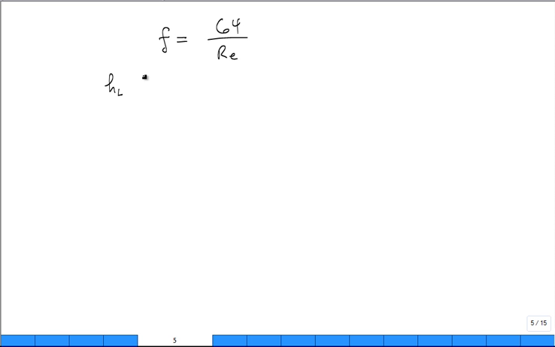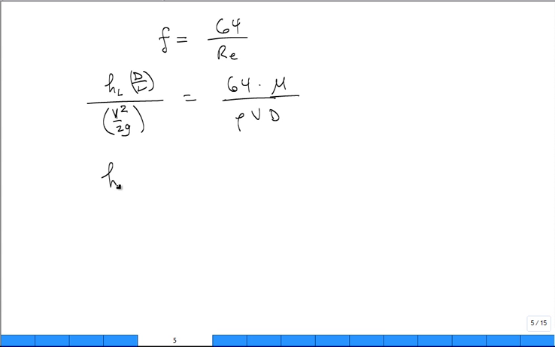That's the head loss times V squared over 2g, equal to 64 over rho V D over mu. Let me just do it slowly. Rho V D, you'll have V squared over 2g, and you'll have L over D.